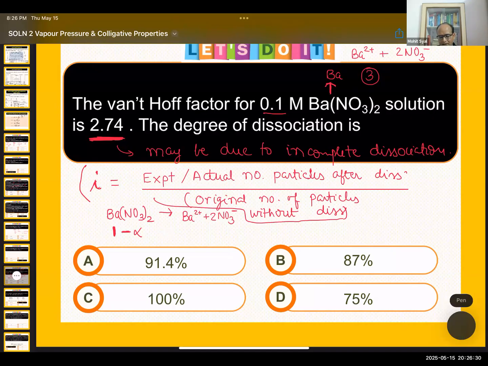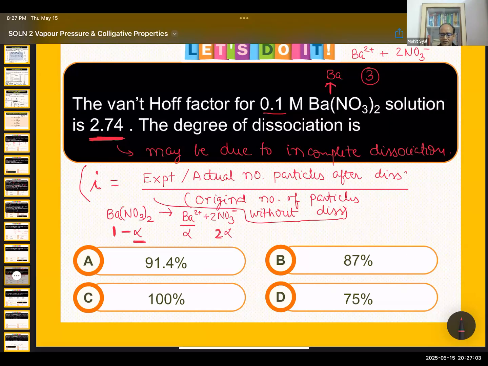Whatever amount of barium nitrate dissociates gives the same amount of barium but twice the amount of nitrate ions. So if alpha got dissociated, the barium is going to be alpha, because each barium nitrate has one barium, but the nitrate ions are going to be 2 alpha because the formula has 2 nitrate ions.